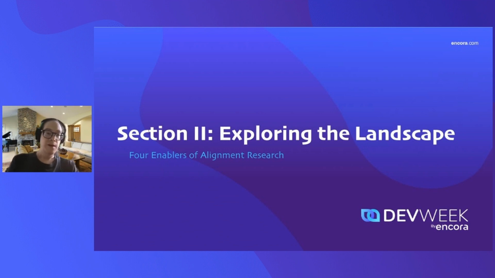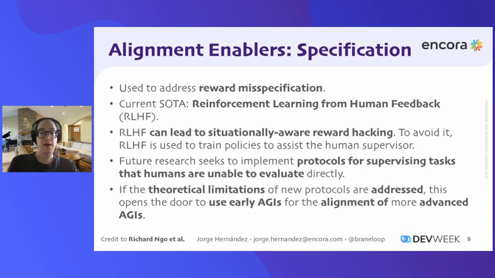So now I'll dive a little bit into four of the enablers of alignment research. Starting off with specification, this is where work is performed to address reward specification. The current state of the art is something you probably heard about, which is reinforcement learning from human feedback.